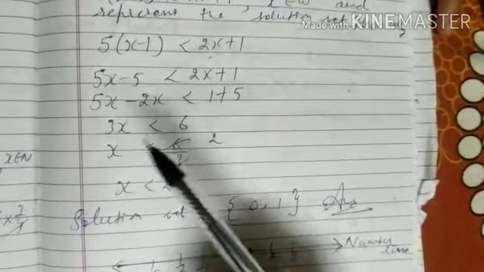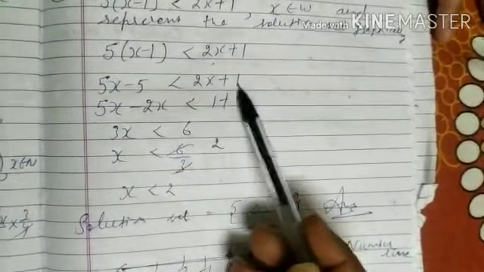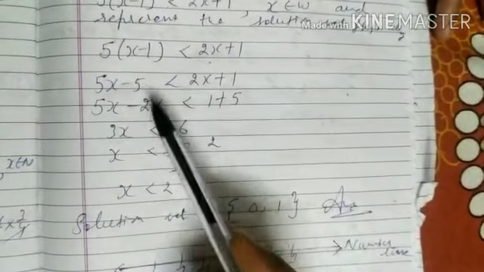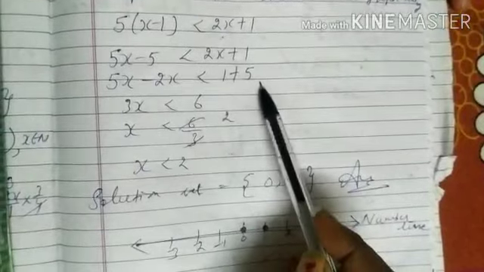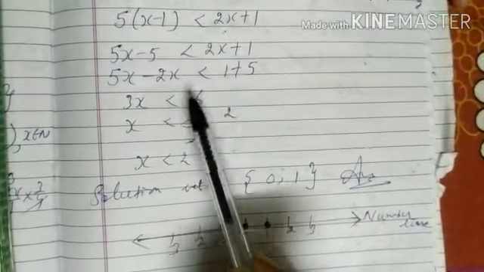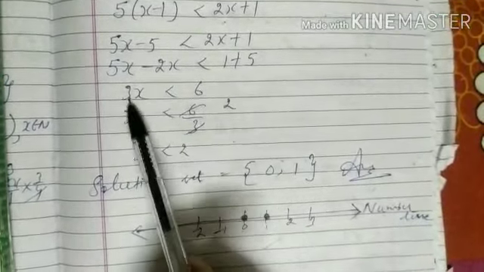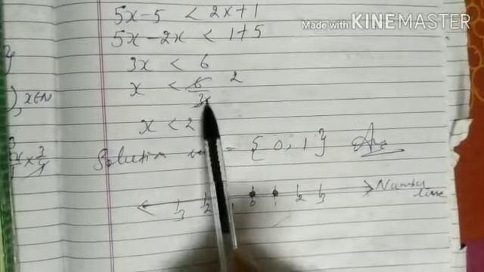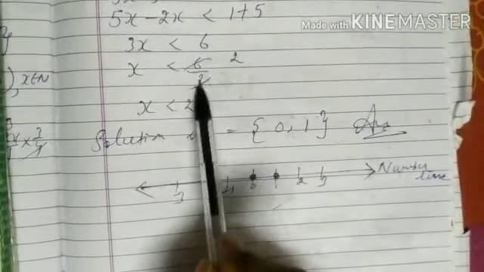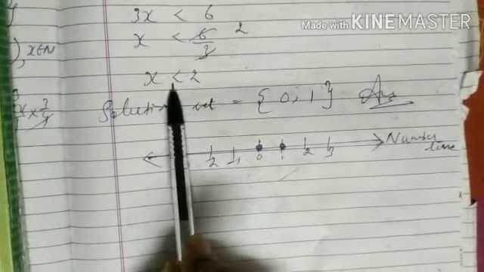Then in second step we will change the side of 2x and 5. 2x will become minus and minus 5 will become plus 5. Our answer is 3x less than 6. Now we will change the side of 3, it will become divide there. x less than 6 by 3, x less than 2.